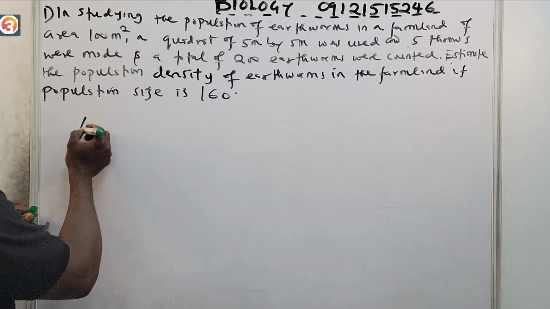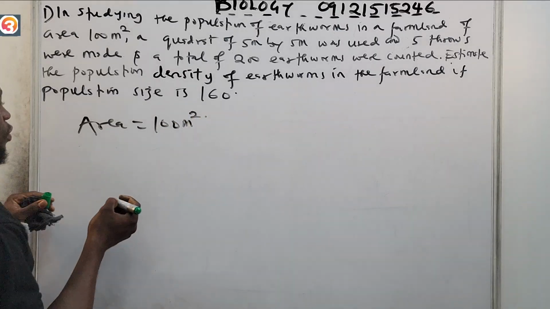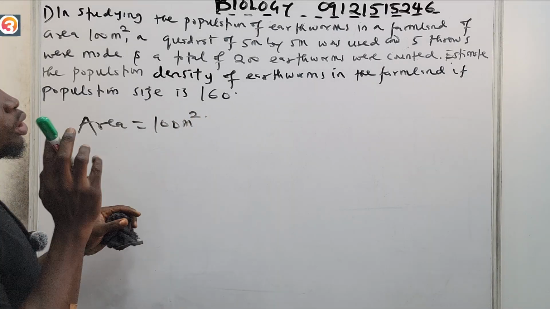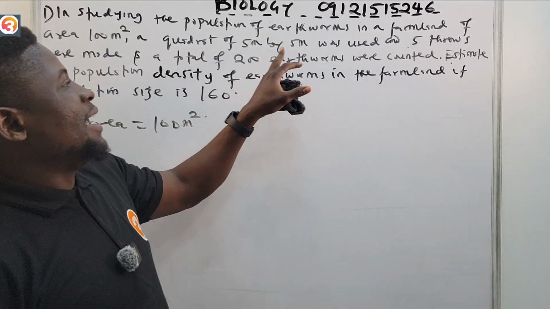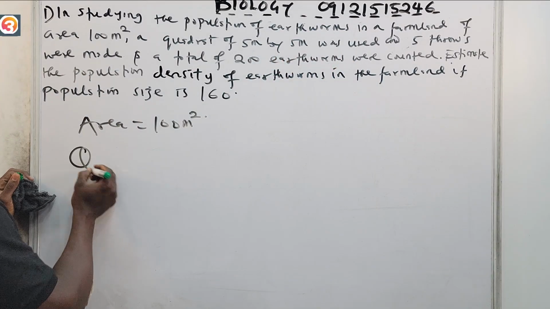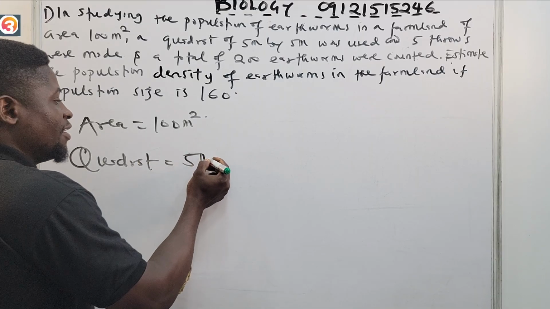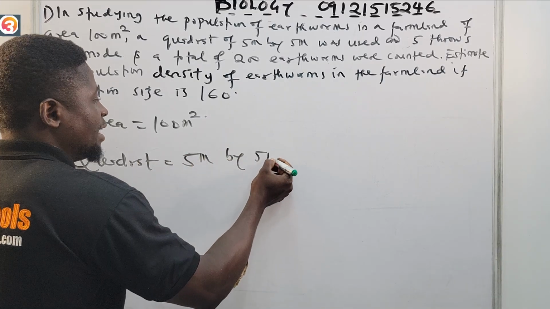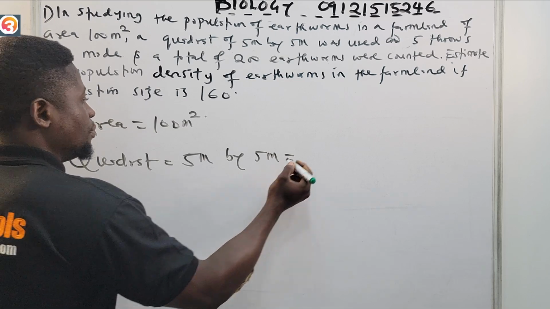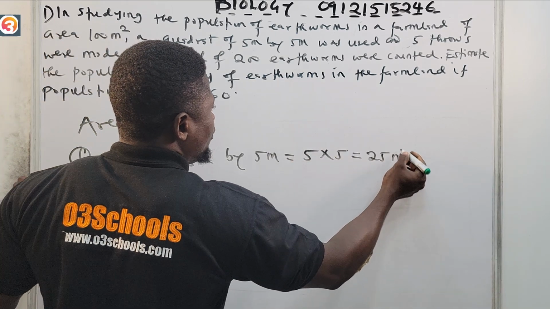We're now told that a quadrat of 5 meter by 5 meter was used. The quadrat is a square, 5 meter by 5 meter. That means that the area of this quadrat will be 5 times 5, which is 25 meters square.